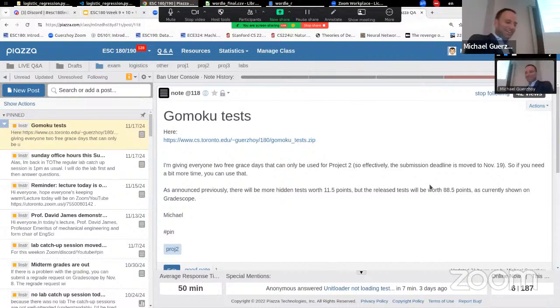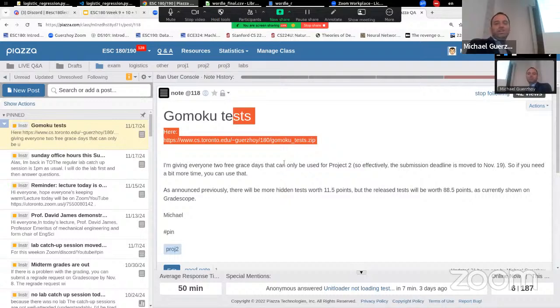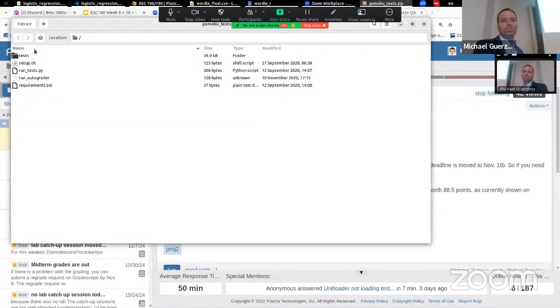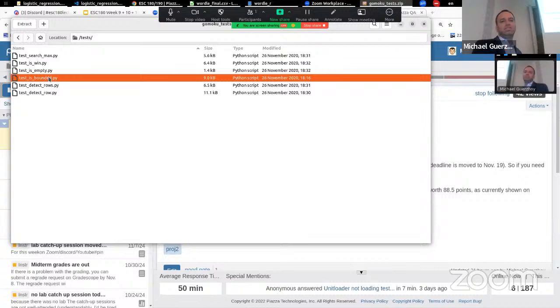But anyways, I want to talk just briefly about Project 2 and then introduce Project 3, which is up. I've posted the tests that are worth the 88.5%. Most of the tests were already on Gradescope anyhow, but if you want to look at them, download the zip file. It's a little bit difficult to read, but you can find the test by name.